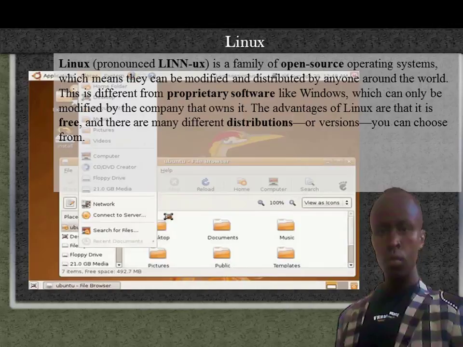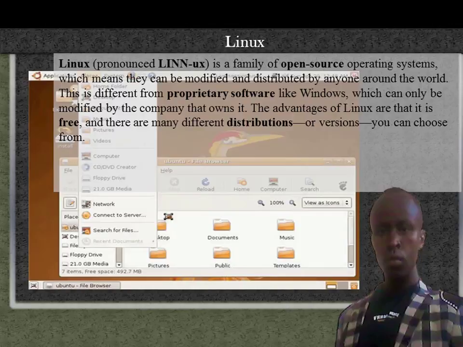So Linux is a different kind of operating system, of which if you have the knowledge of programming, you can be able to reprogram it. We call such programs open source. Those that have restrictions, we call them proprietary software.